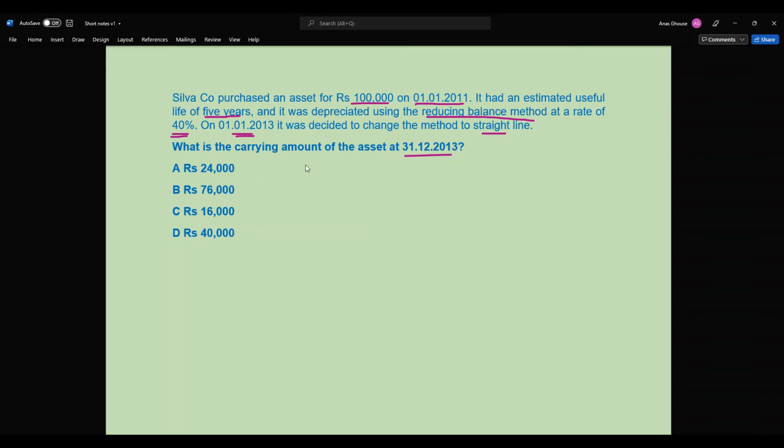First of all, we'll take 1st January 2011. The purchase, the asset value, was 100,000. The useful life is 5 years and they use the reducing balance method. When you calculate for 31st December 2011, what should be the depreciation and the carrying value? This is depreciated at 40%, so the depreciation will be 40,000 in the first year.